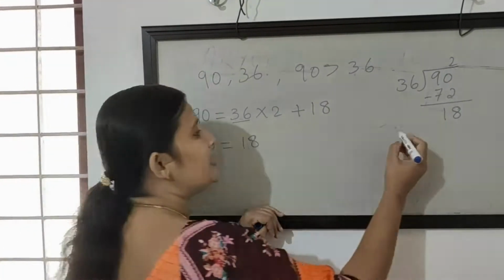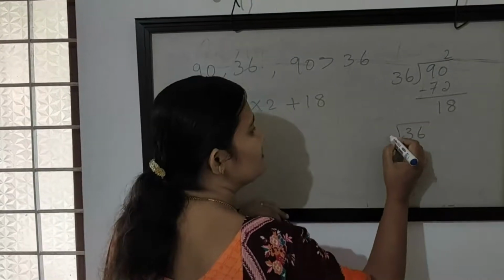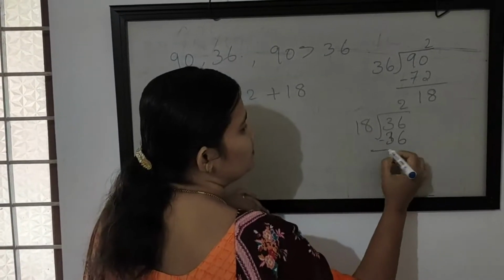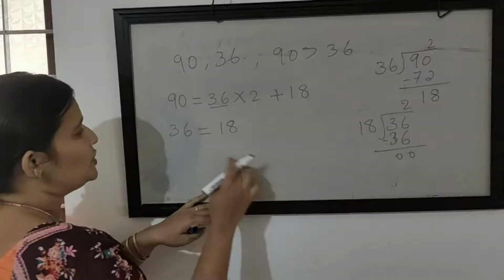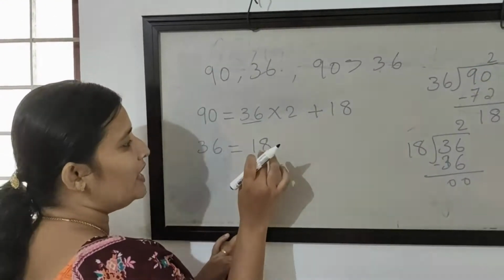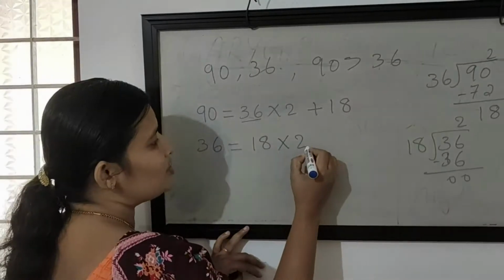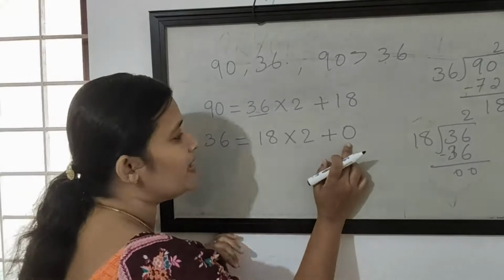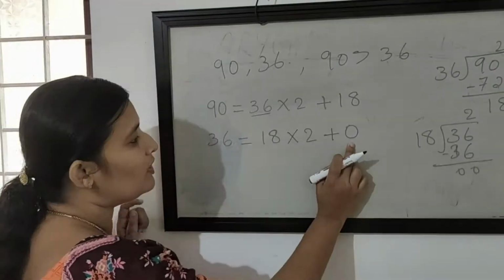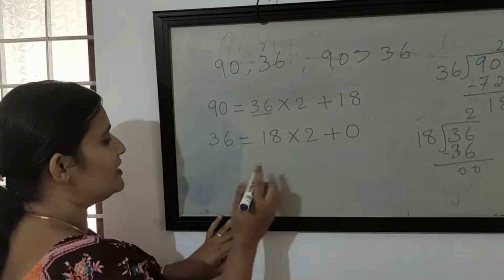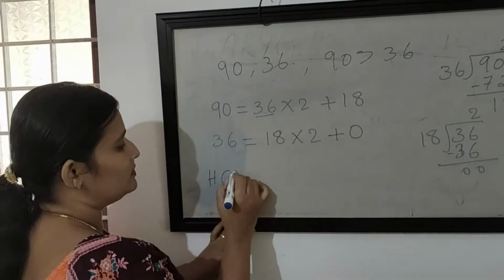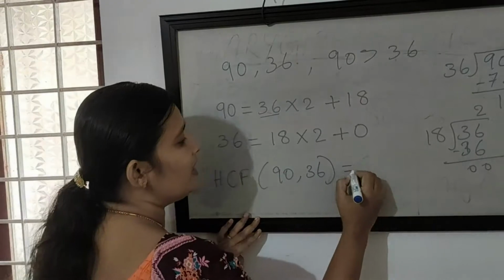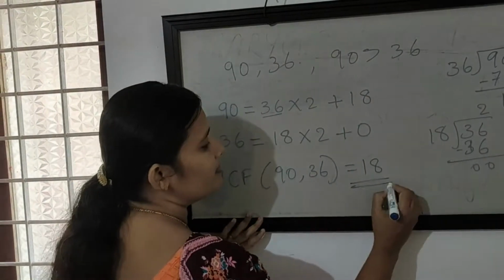So here we can write 36 equals 18 times 2 plus 0. Now we reach the remainder 0. Therefore, we can say that HCF of 90 and 36 equals 18.